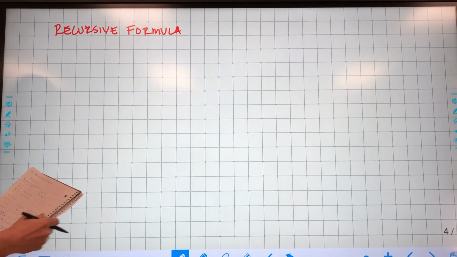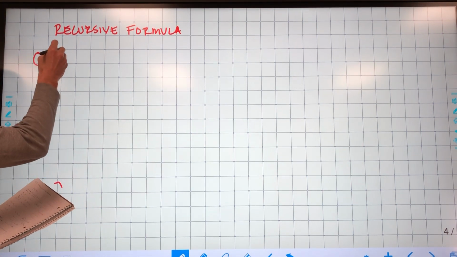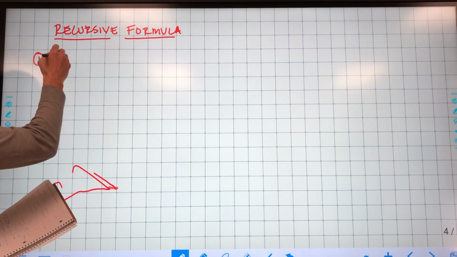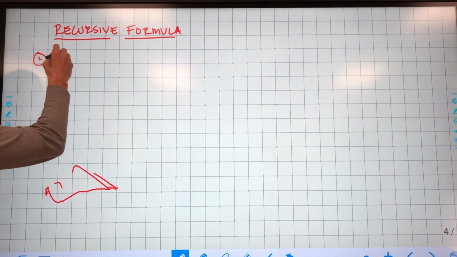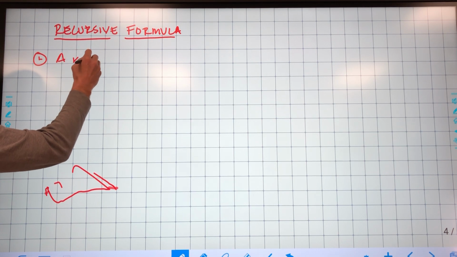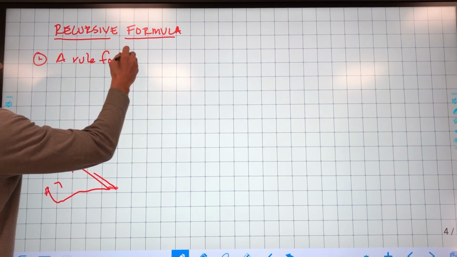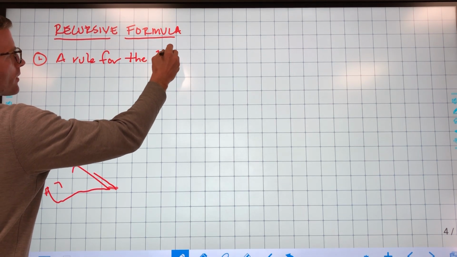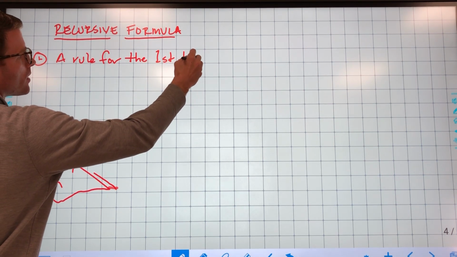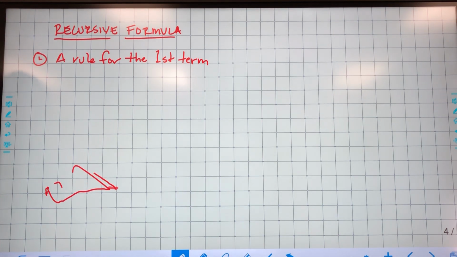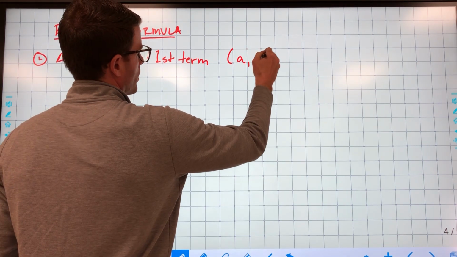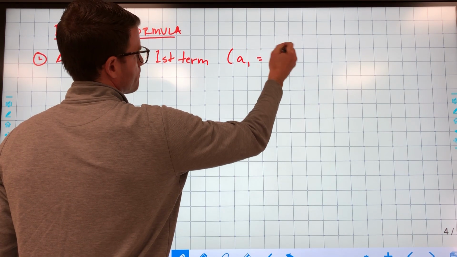has two things. One, it gives you a rule for the first term, and that's going to be shown as a sub 1 equals.